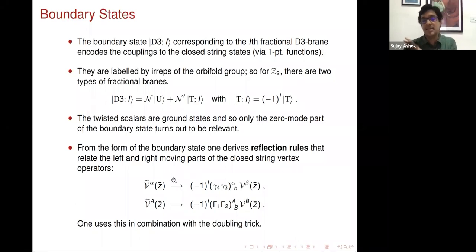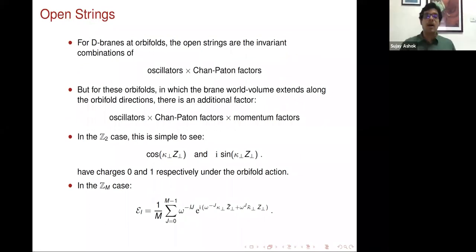I'm not giving you the details of the boundary state, it's there in our paper. All we need for the computation of the correlator is just this reflection. Now we are left with the most interesting part, which is the open string spectrum.